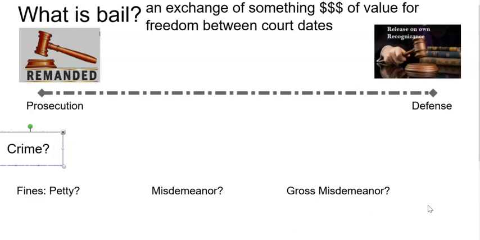Then the next thing the judge is going to take into consideration is whether or not the person in question, the accused, is a flight risk. Does this person have a chance of not returning? Is the money not of major value to them, so that they're going to take off between court dates and not return for their next court date?